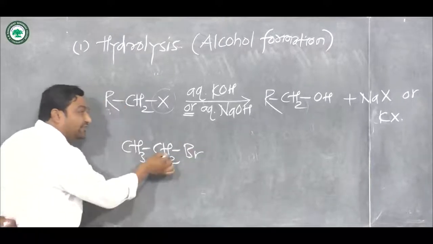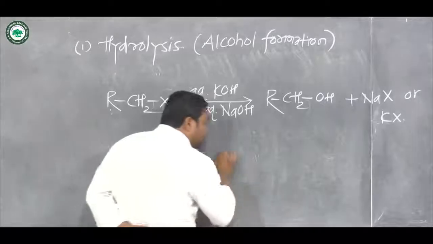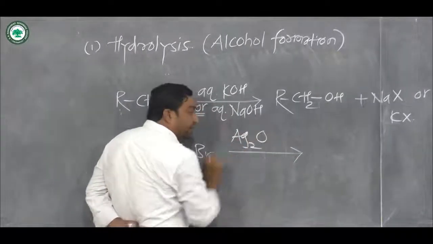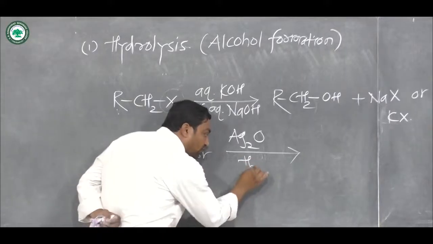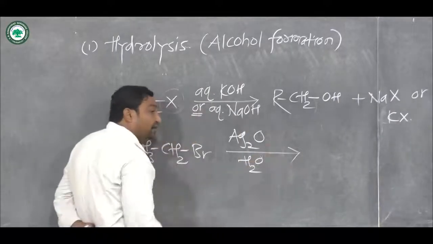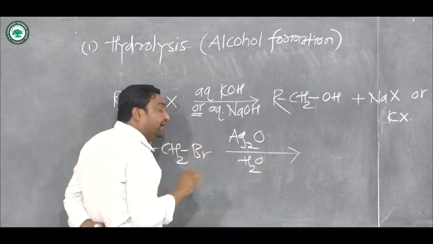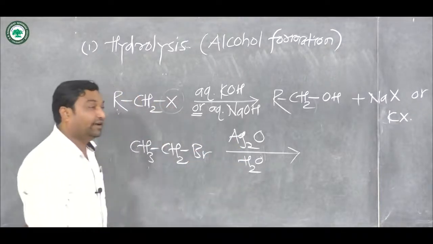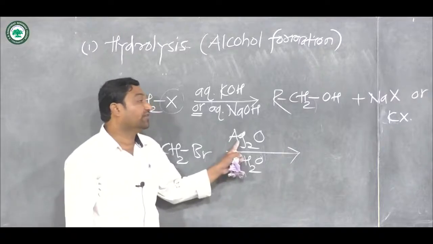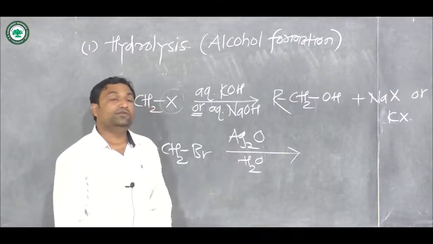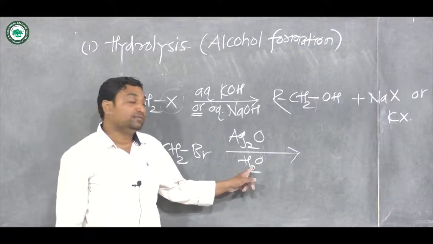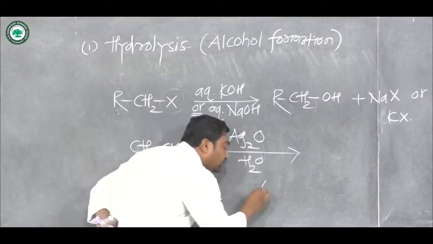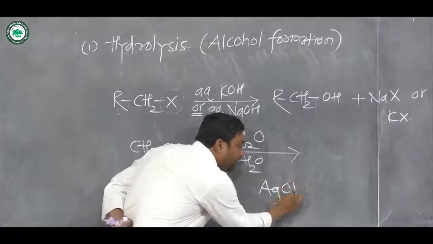For example, when I treat ethyl bromide with moist silver oxide, that is silver oxide in presence of water, this mixture gives AgOH.